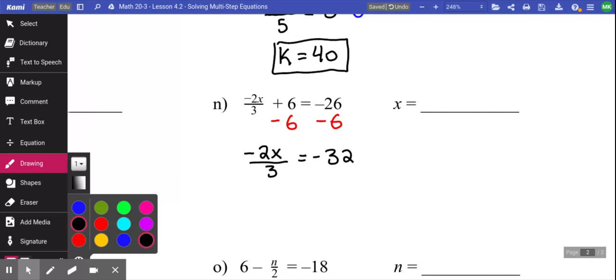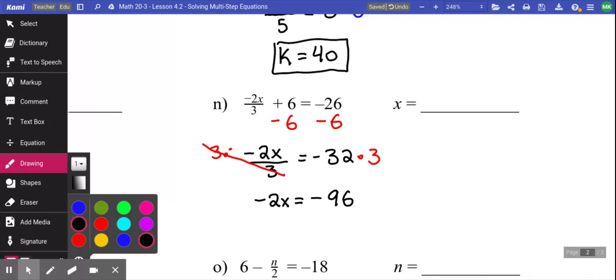I like to move the bottom of the fraction first. So dividing by 3, the opposite of that would be multiplying by 3. Once I move that 3, I rewrite what I have. So on the left side, I'm left with negative 2x. On the right side, I have negative 96.